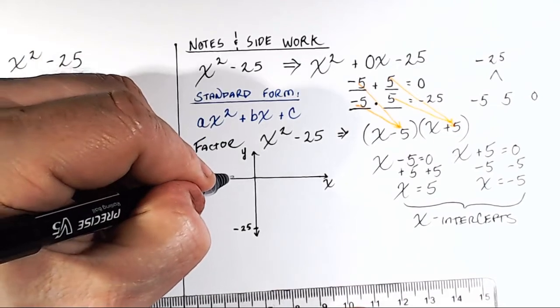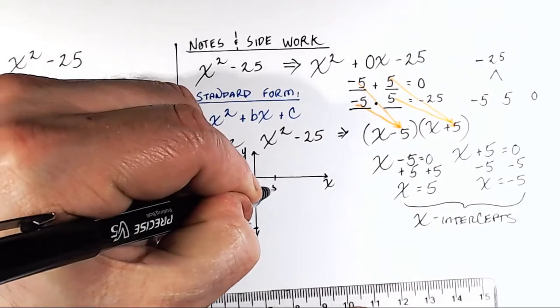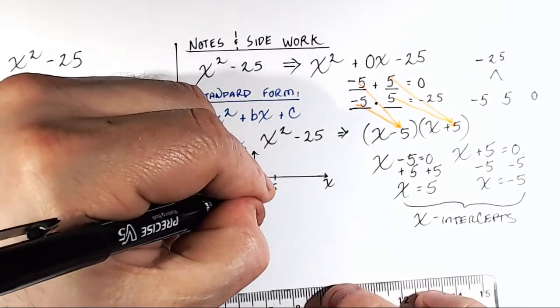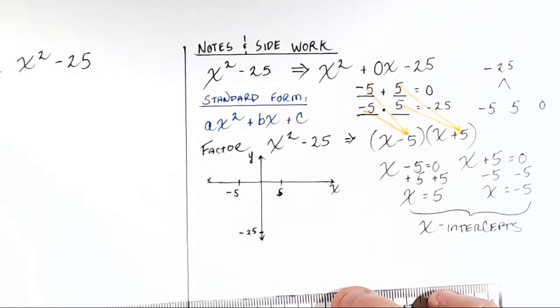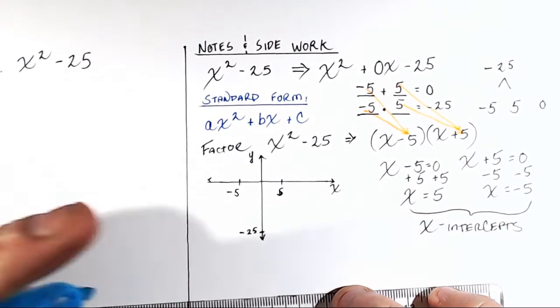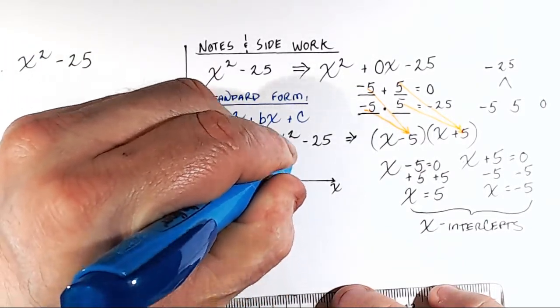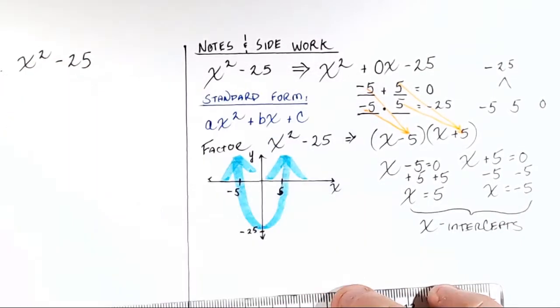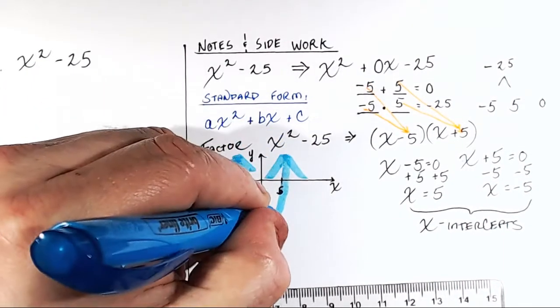And I would have negative 5 and 5 written out. And then my graph would look something like this. I'm using a highlighter here because this is obviously a sketch, right? It's not intended to be a perfect rendition of the function.